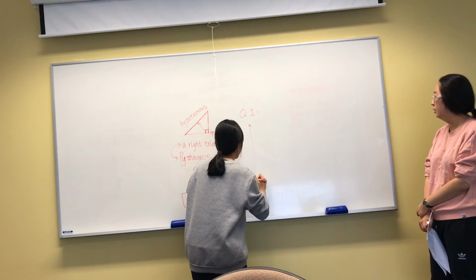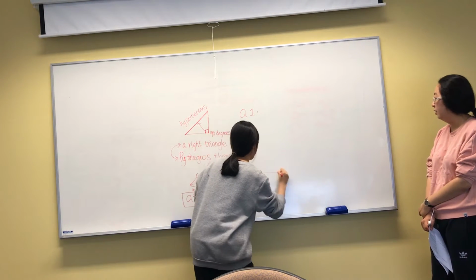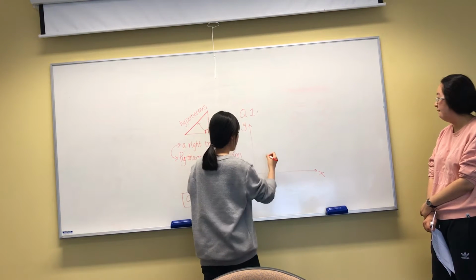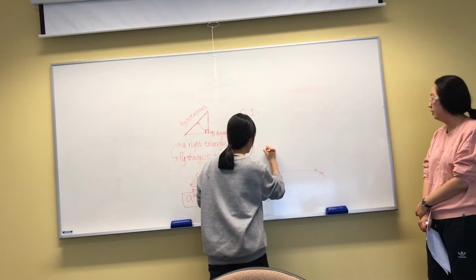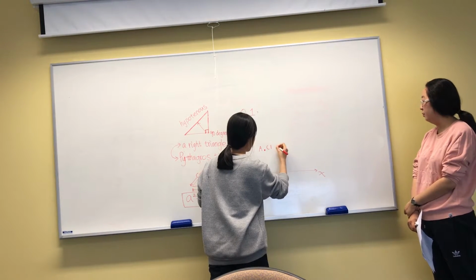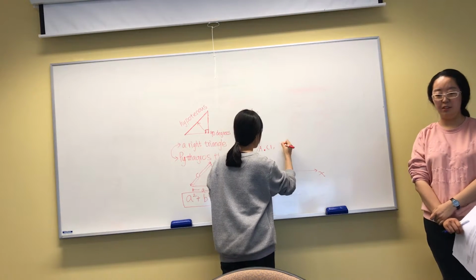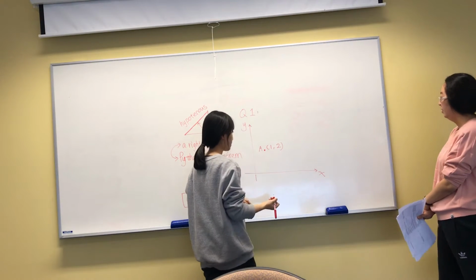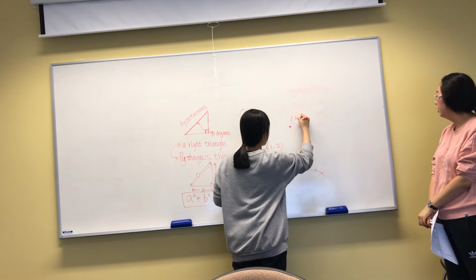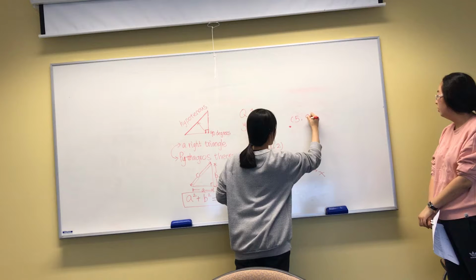So let's say this is a plane, and we've got 2 points here. Point A is (1, 2), and then point B is (5, 8).